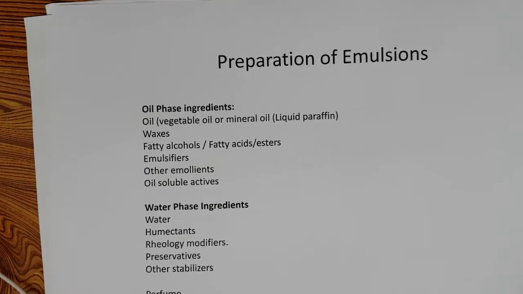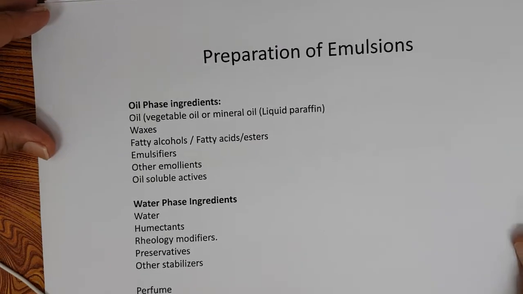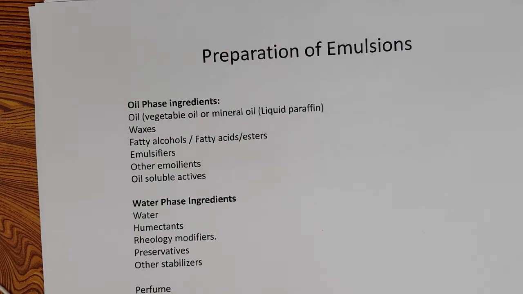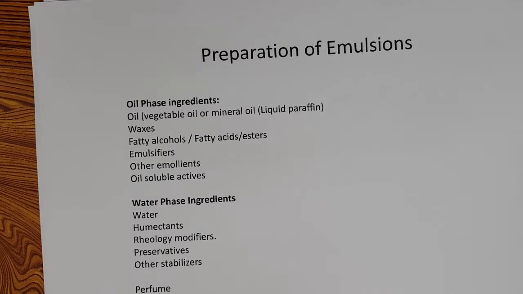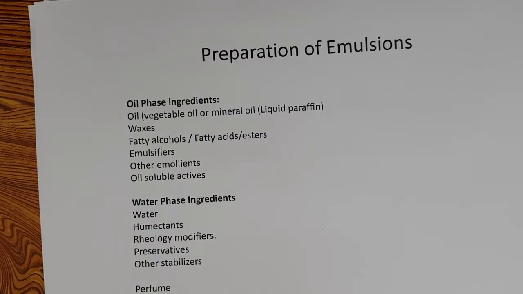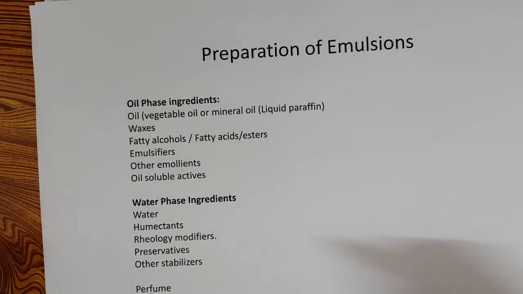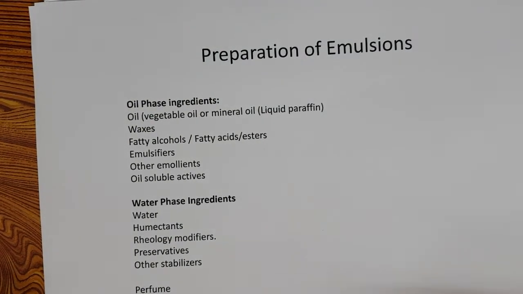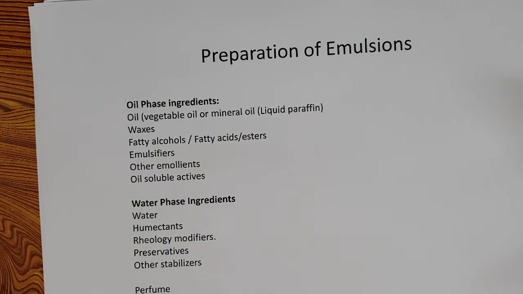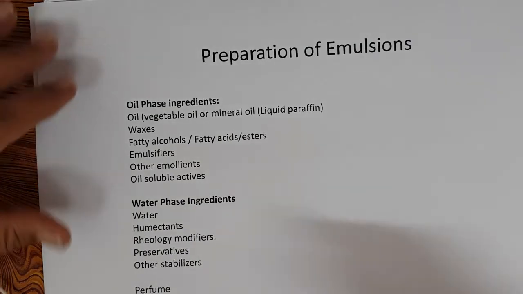So, preparation of emulsions. We said an emulsion is a biphasic liquid system containing two immiscible liquids in which one is finely dispersed in the other, stabilized by emulsifying agents. So when you make emulsions, you will have two phases, of course, oil phase and water phase, right?